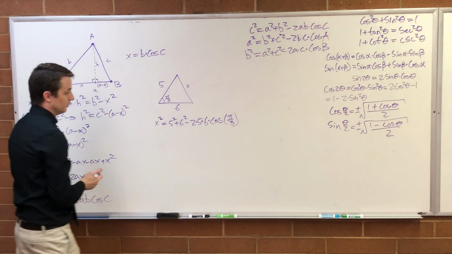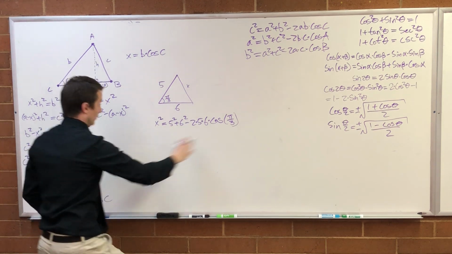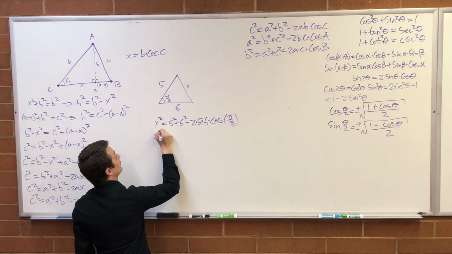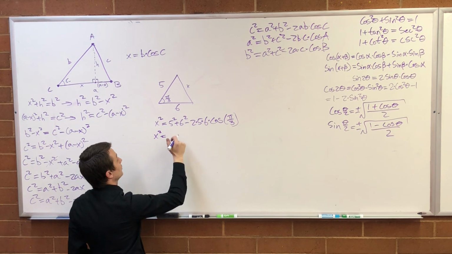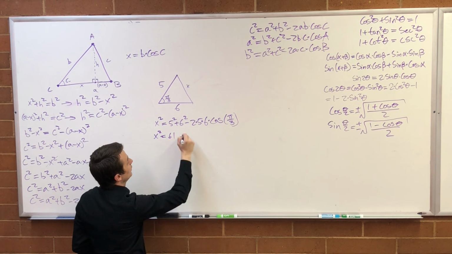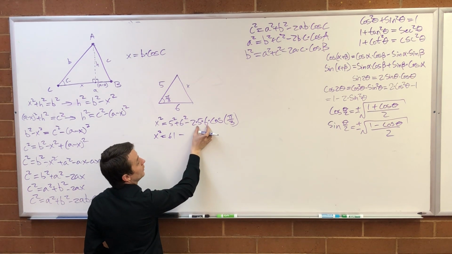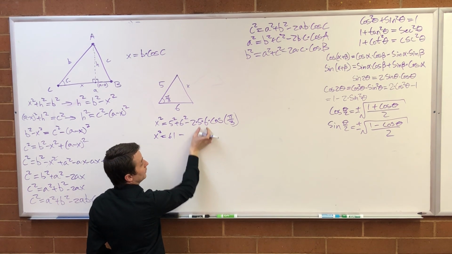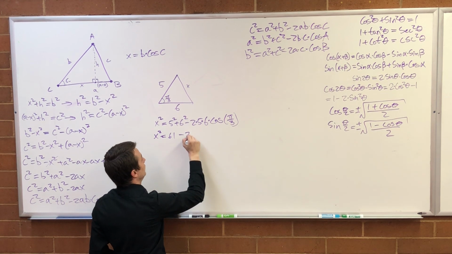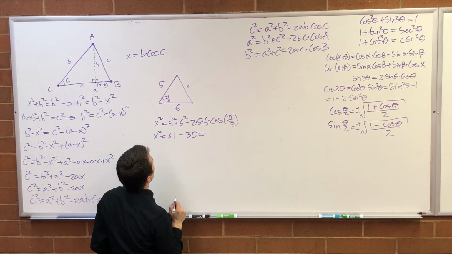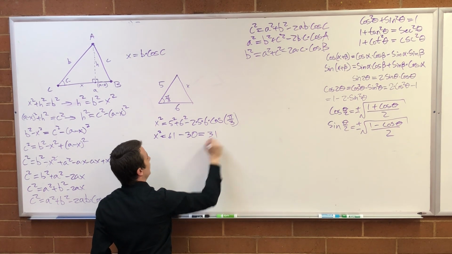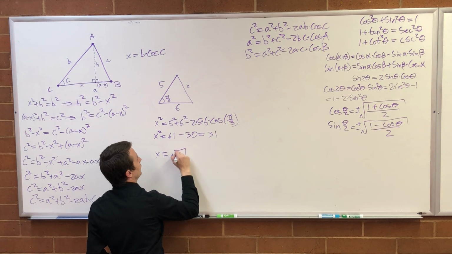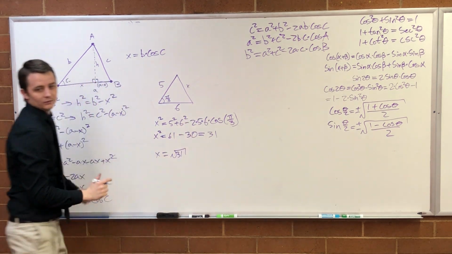Cosine of pi thirds is 1/2, so we get x squared is equal to 25 plus 36, which is 61, minus 30 times 2 is 60, times 1/2 is 30. That came out really nice. Oh, we still need to square root it. So it's 31, so x is equal to the square root of 31 is this distance.